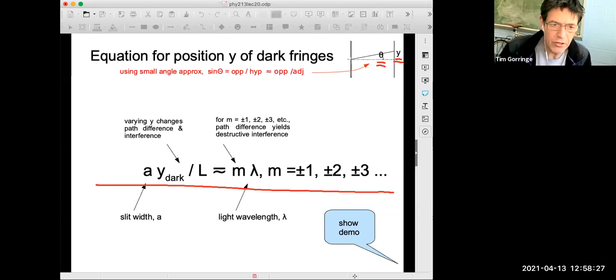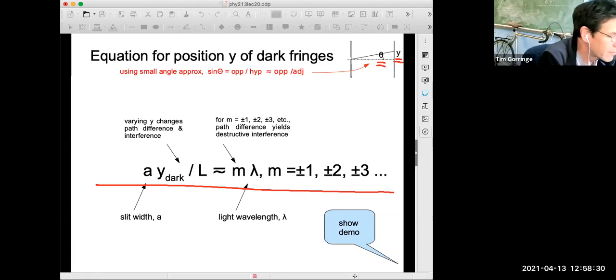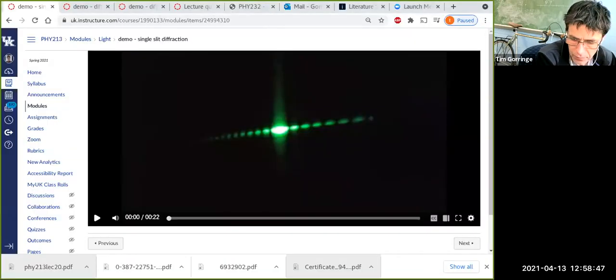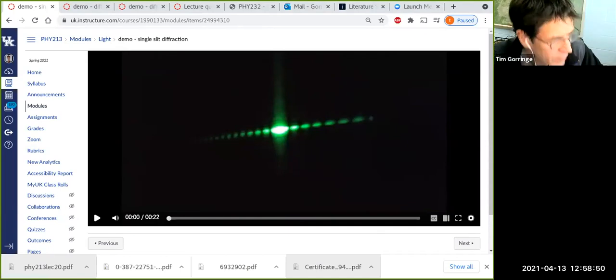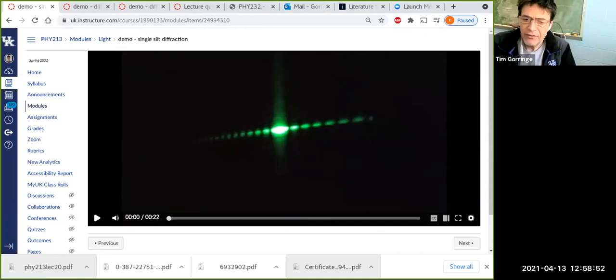Okay, let me show you a demonstration of this. So I'm going to share a different screen. And what you're seeing here is a diffraction pattern on a screen where the diffraction pattern was made by illuminating a single slit with green light.